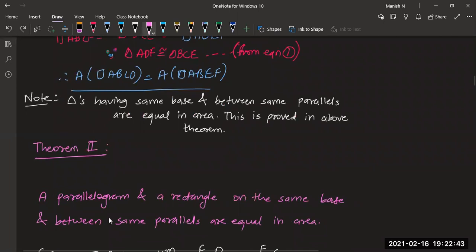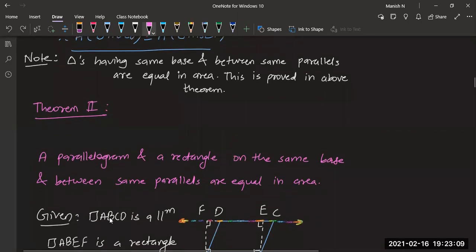It says a parallelogram and a rectangle on the same base and between the same parallels are equal in area. So far we had proved that two parallelograms on the same base and between the same parallels are equal in area. Now we would be proving that a parallelogram and a rectangle between the same parallels and on the same base are equal in area, right?